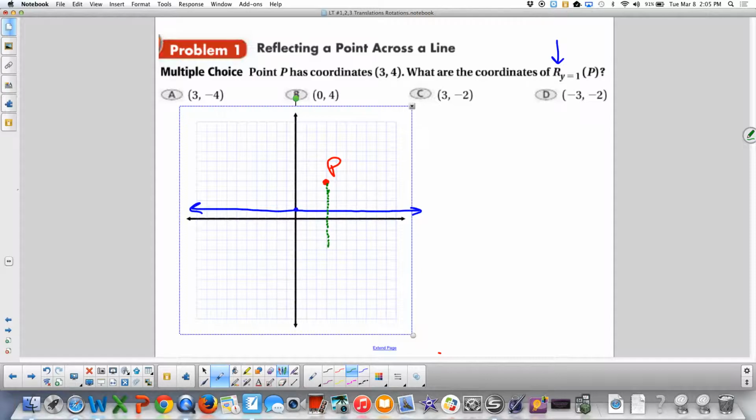It's 3 away, so I go 1, 2, 3 away to the other side. There's where P prime is, and P prime is located at (3, -2). So (3, -2) is C. So again, a reflection has to be along a perpendicular line to the line of reflection.